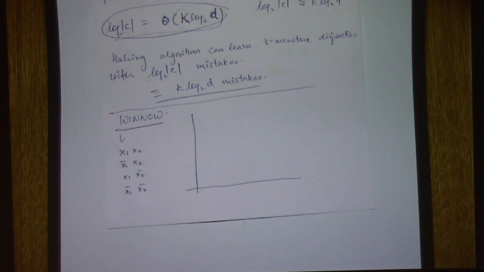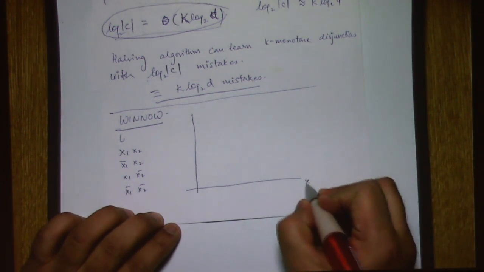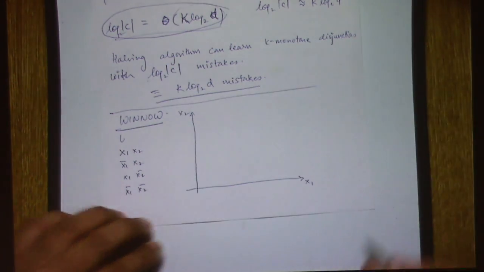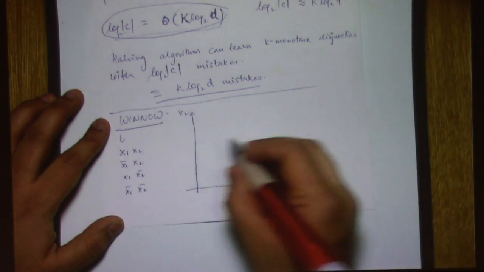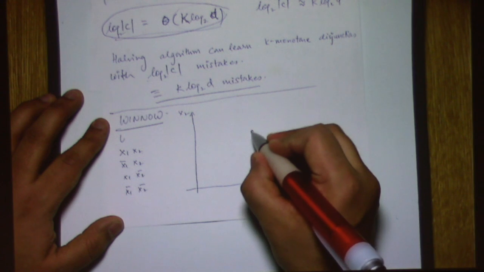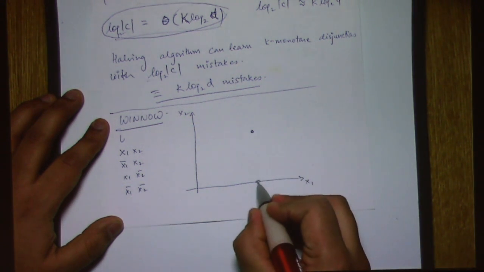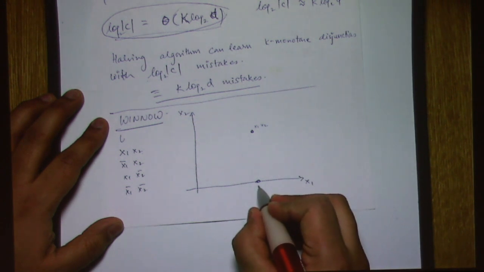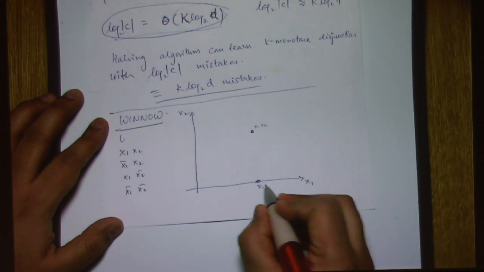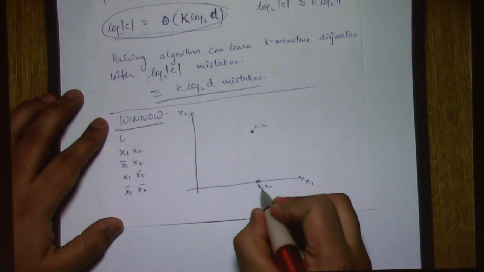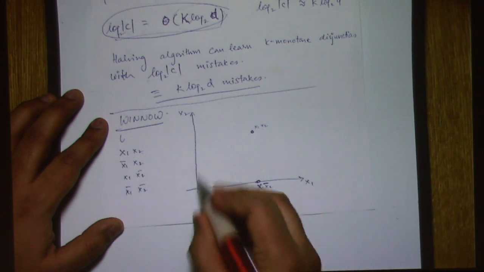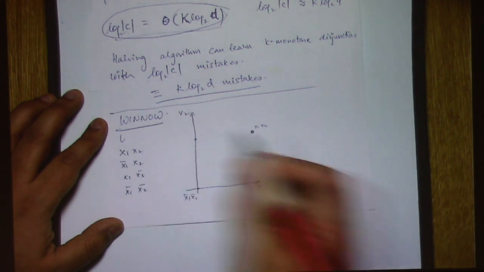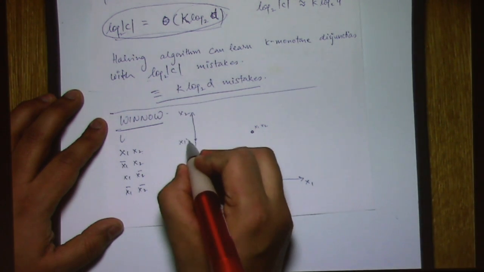You can always represent this data in 2-dimensional space where one axis is x1, x2. So x1, x2 will be both 1, and this one I'll call x1, x2. This one is x1 bar, x1, x2 bar, x2 is 0, and this one will be x1 bar, x2 bar, and this one will be x1.